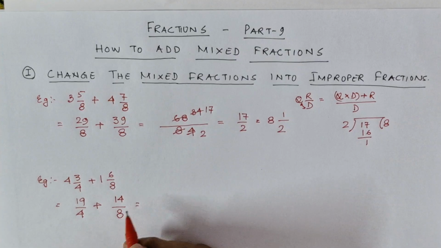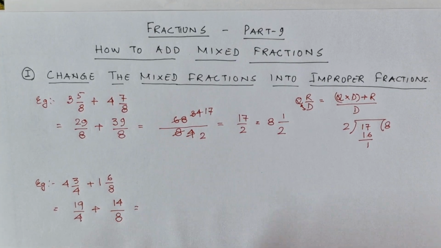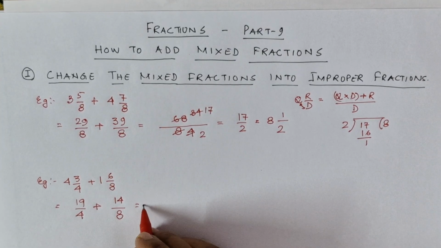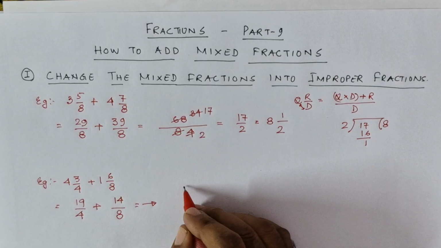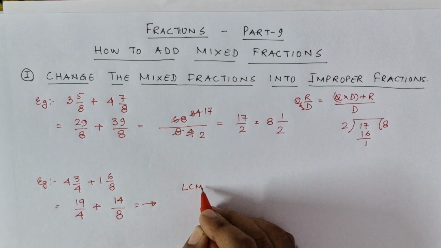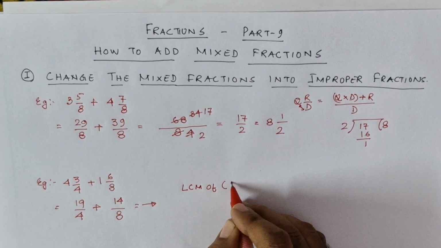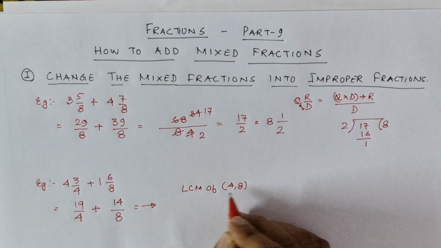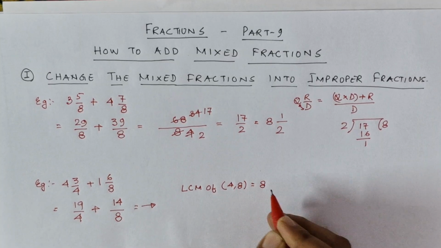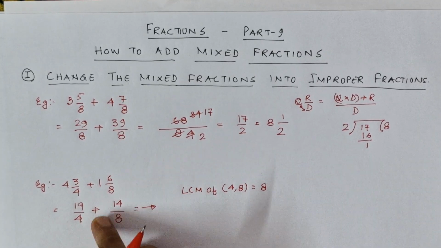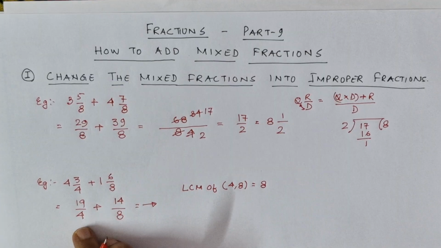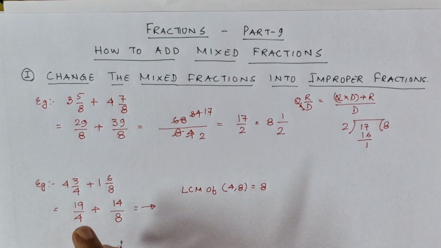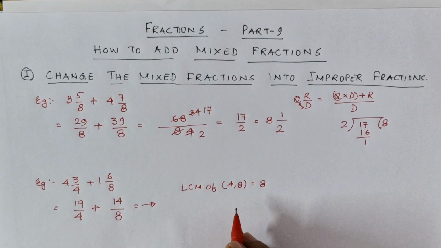Now, simple: what you need to do is find the LCM of 4 and 8. The LCM of 4 and 8 is 8. Got it?